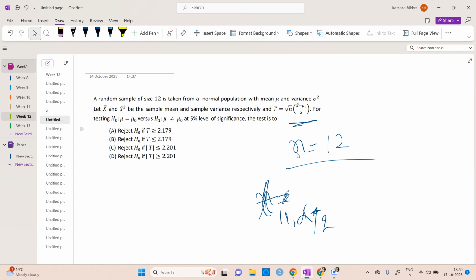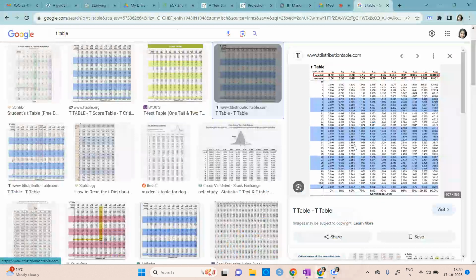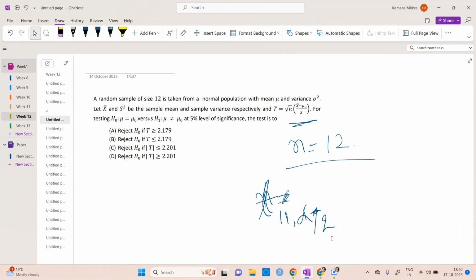So at 11, you can see this is for a two-tail test, and the value is 2.201. So 2.201 is the value. So I'm telling you the answer can be C and D.